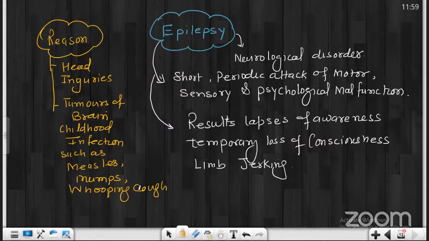So these are some basic reasons which cause epilepsy. Some drugs are basically used in this case to reduce stimulation, and so these are some reasons you should learn them.